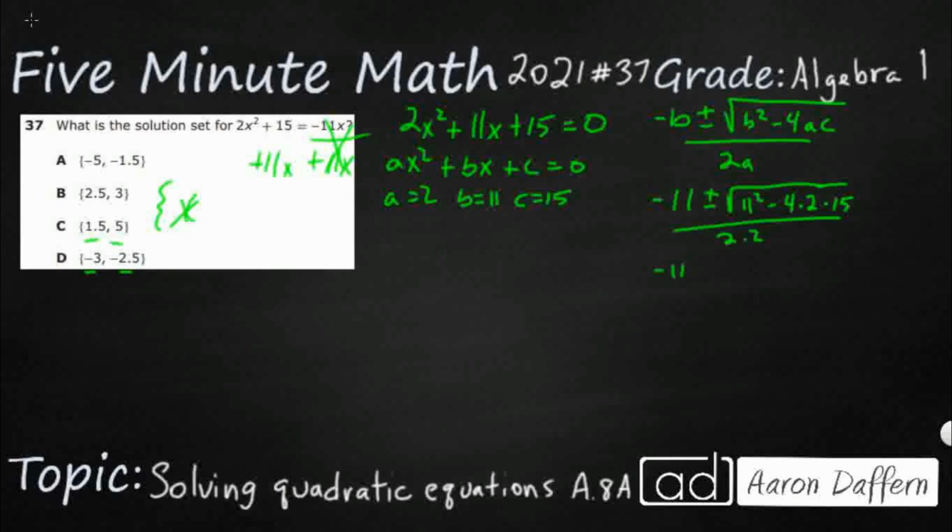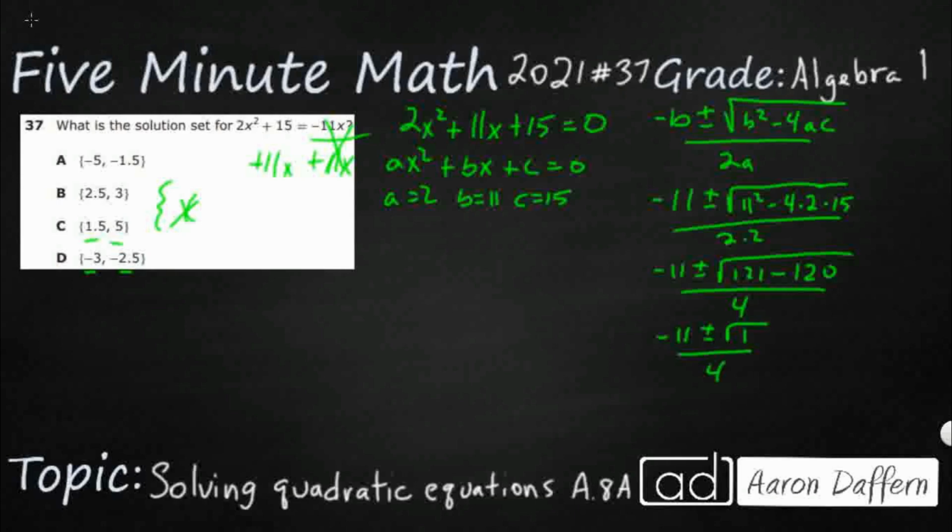So negative 11, square root of 11 squared is 121, minus, let's see, 4 times 2 is 8, and then 8 times 15 is going to be 120. Oh, nice, 121 minus 120. All right, that's going to be pretty simple. So negative 11 plus or minus square root of 1, over 4.